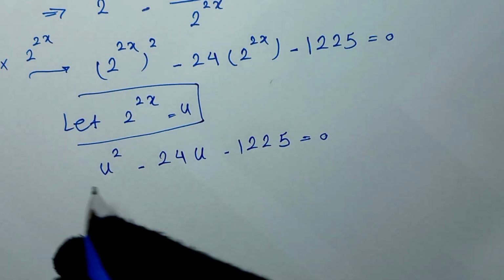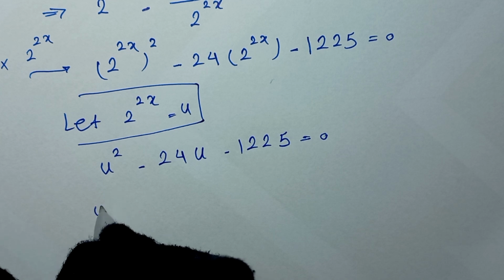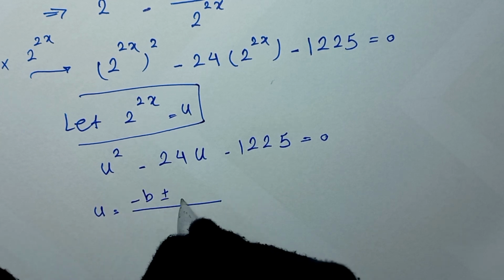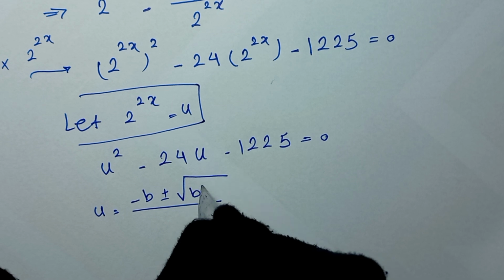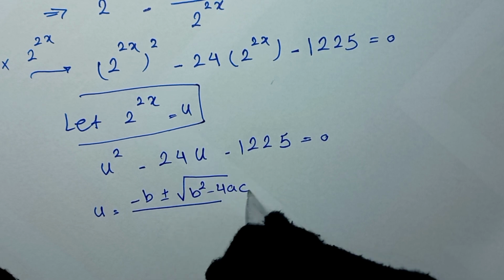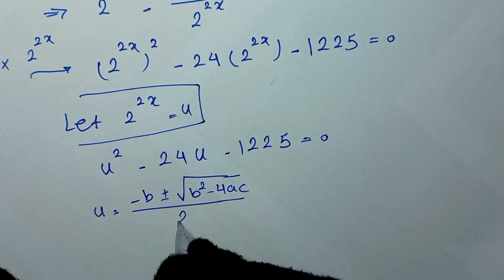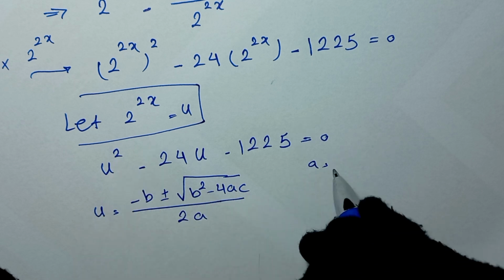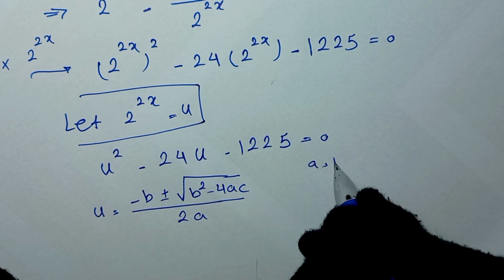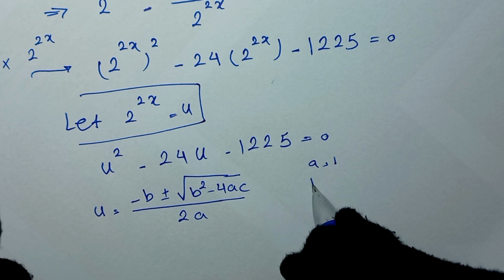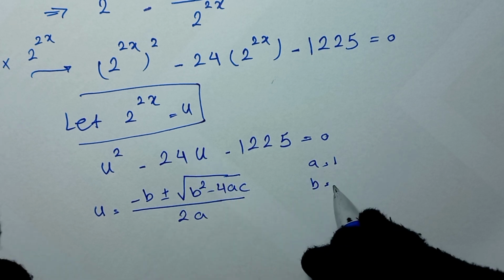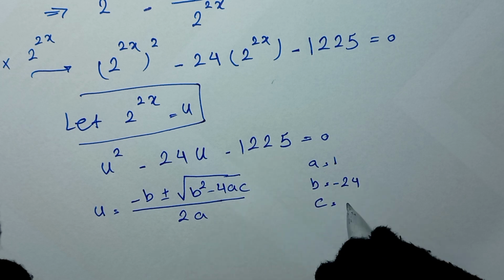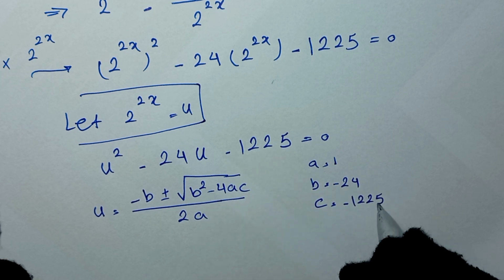And here we use quadratic formula, which is u is equal to negative b plus or minus square root of b square minus 4ac over 2a. And a from here is coefficient of u square is 1, and b is coefficient of u is negative 24, and c is constant is negative 1225.